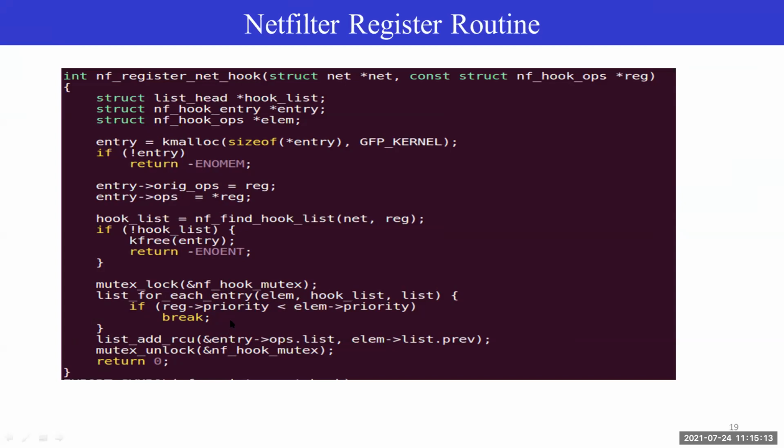As you can see, if my priority is less than the other one, I add my node into that list. So it is typically adding your own node in a sorted linked list, and then you unlock the mutex so that this critical section can be accessed in other areas.